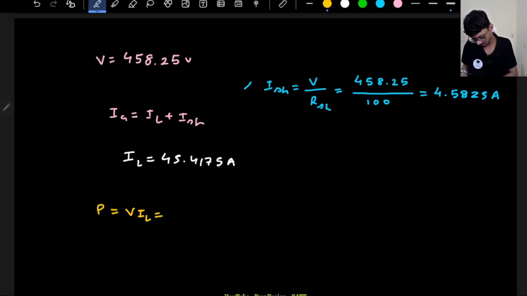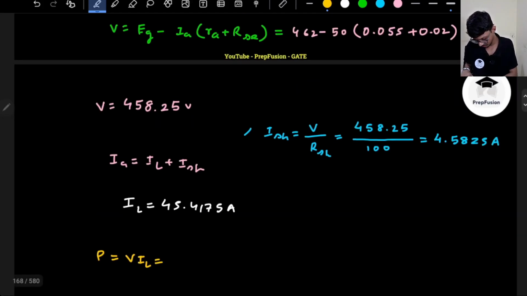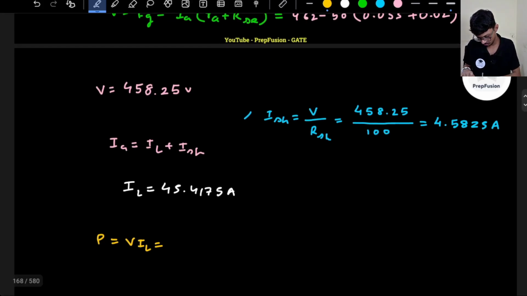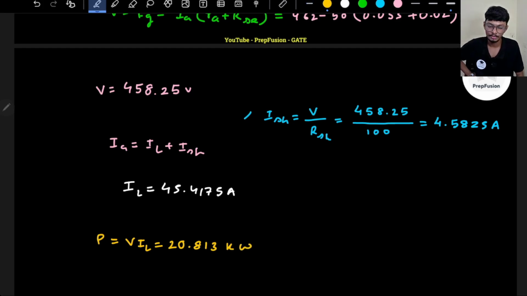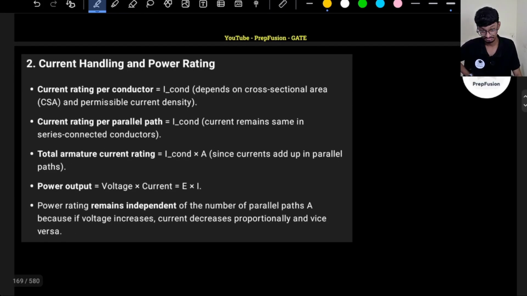So this 45.4175 into 458.25, this will be 20.813 kilowatts. This will be the answer. The power rating of the compound generator will be 20.813 kilowatts.